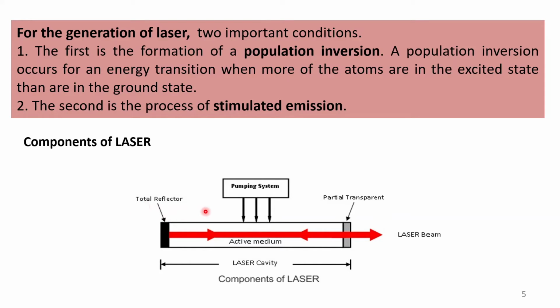This is the total reflector, and at the other end this is the partial reflector. So it forms the laser cavity. And the third one is the pumping system. So you have to remember the basic components of any type of laser, such as the active medium, the laser cavity, and the pumping system.